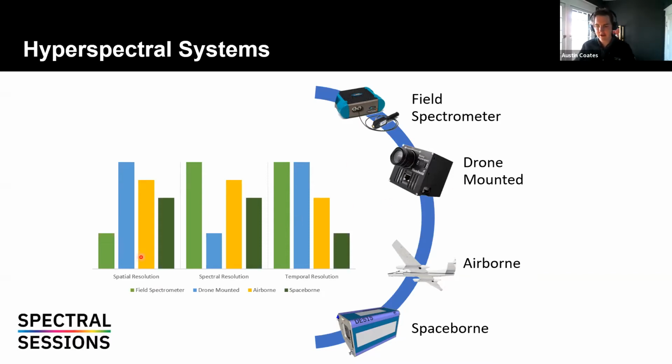Drone mounted, you can get really high spatial resolution over a larger area. That's why I said it's got better spatial resolution, just because you can see lots of features instead of one specific feature. Spectral resolution is a little bit lower, just because the payloads on drones can be challenging. Once you start to get out into the longer wavelengths, if we remember that curve originally, it bumped up and then went down.